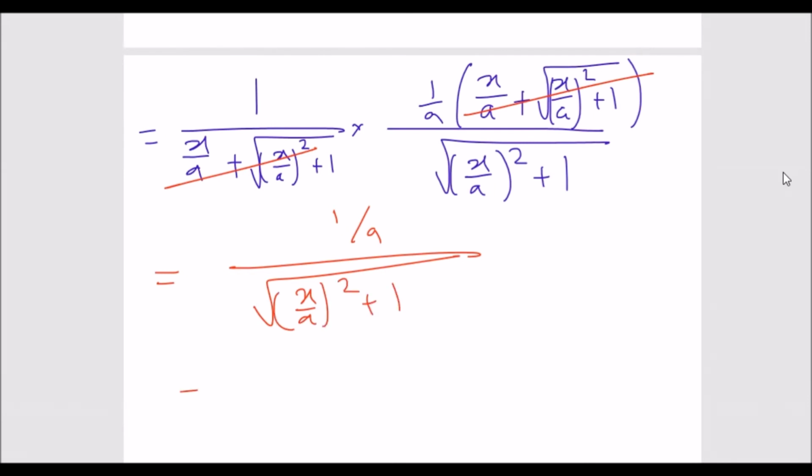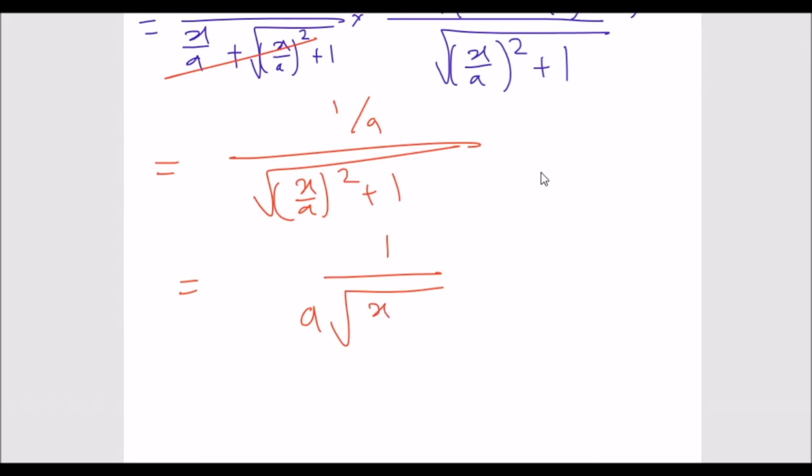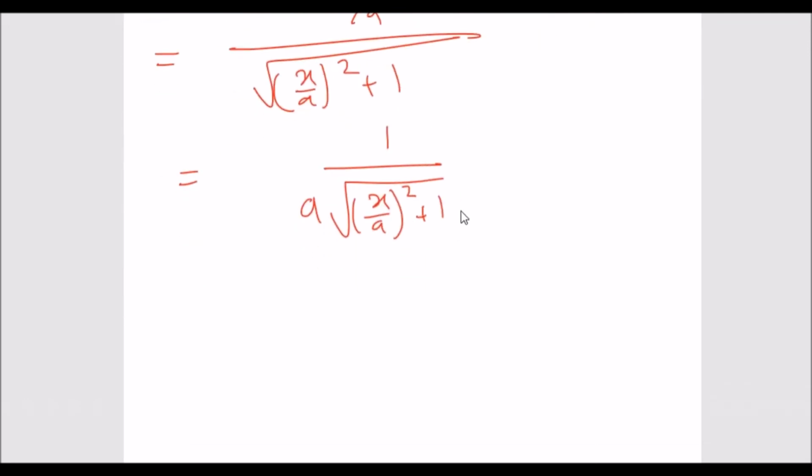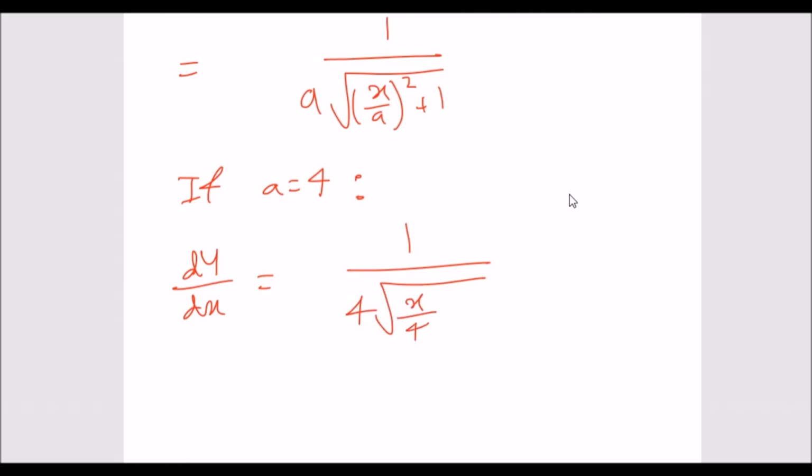And to make it look even nicer, we can drop the a on the bottom line, so it'll just be 1 over a times the square root of x over a squared plus 1. And if you had a constant for a, let's say a was 4, it could be any constant, then the derivative solution would be 1 over 4 times the square root of x over 4 squared plus 1.